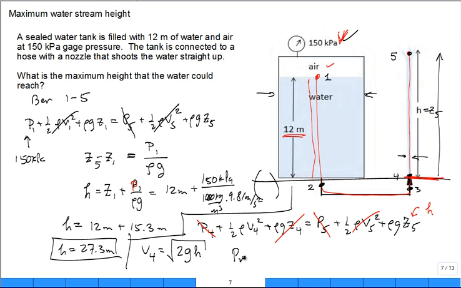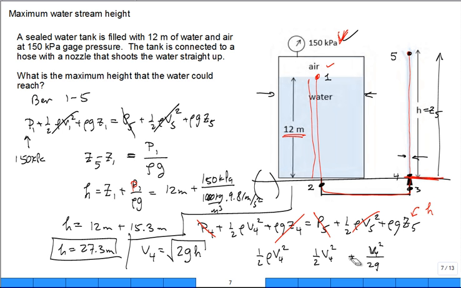You can talk about the velocity pressure at 4, or you could talk about the kinetic head at 4, or you could talk about the head as energy per unit mass, like kilojoules per kilogram, or you could talk about head in meters, the velocity head in meters. We had 3 ways of writing it, okay? So either calculate 1/2 rho V4 squared, or 1/2 V4 squared, or V4 squared over 2g.